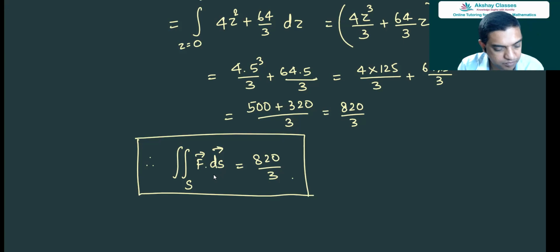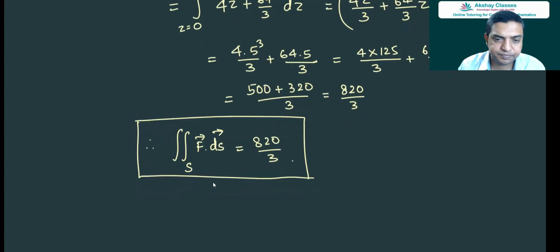There is a problem on sphere. Okay, I'll do it. Because we have done along a plane, we have done along a cylindrical surface, then around a spherical surface.